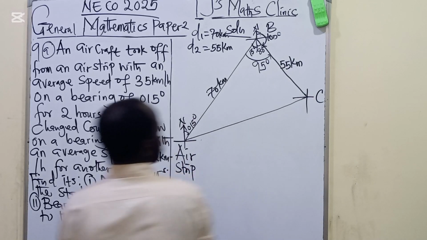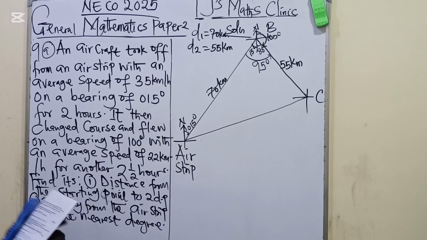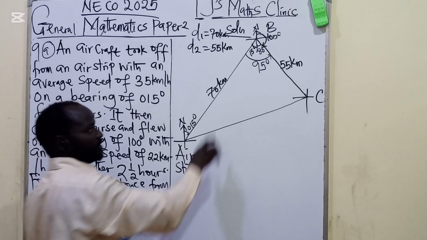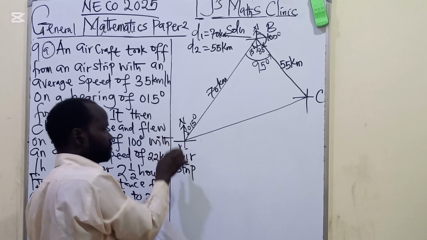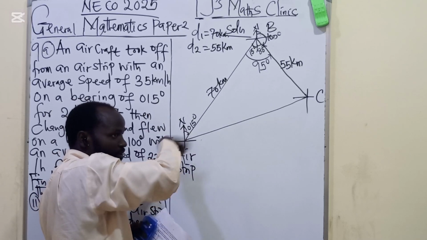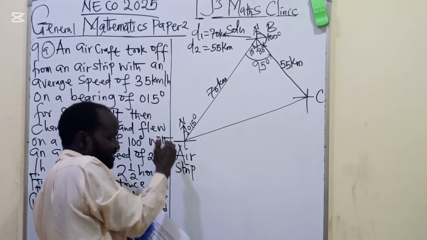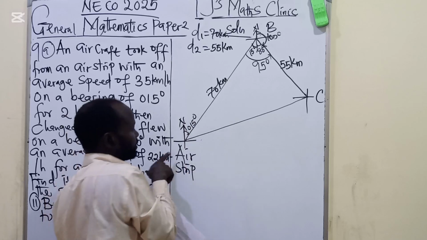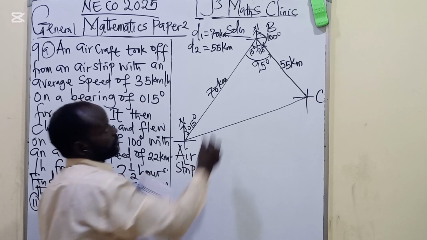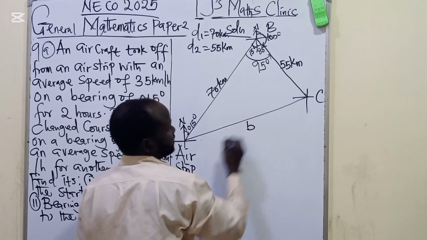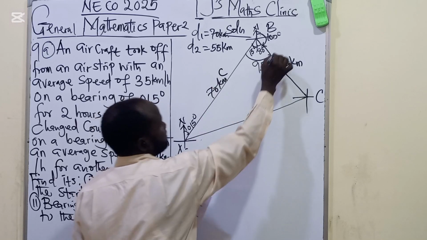Very important. And the question says find the distance from the starting point. It means the aircraft is at point C now. We are asked to find the distance between the airstrip, the airport, which is the starting point now. So we are looking for the distance between the airstrip and this point C. So this is B, facing this C, then this is A.